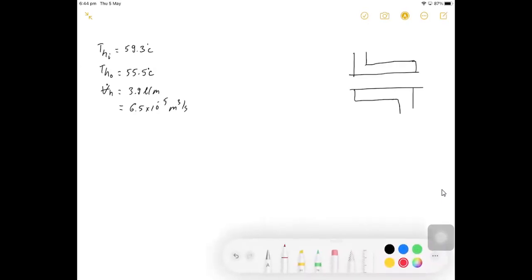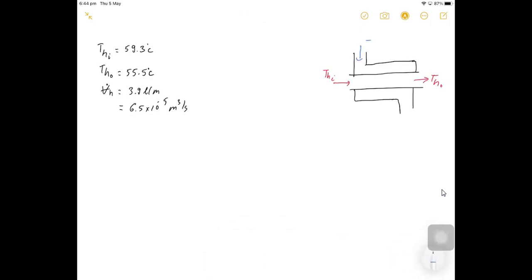With the hot water here, this is TSI and this is TSO. We use water as the cooling fluid, so this is cold water in, and this is cold water out.